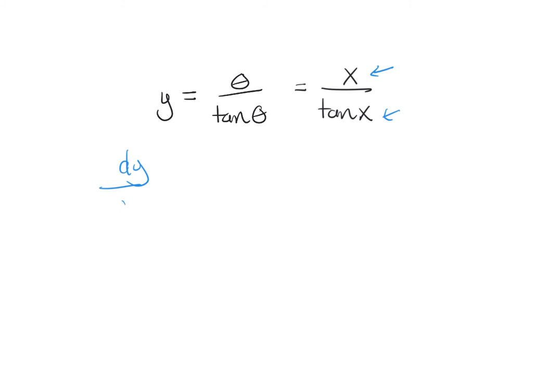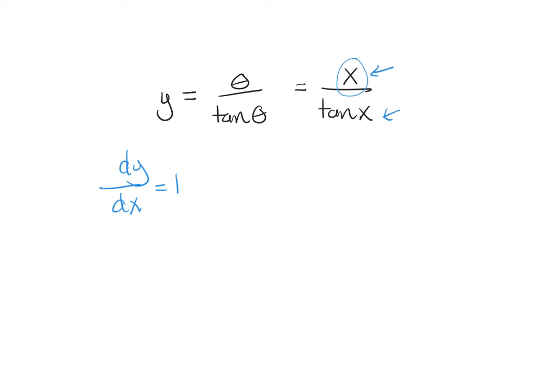All right, next one, y equals theta over tangent of theta. If it helps you, I know people freak out when they see theta, but it's just like x. So this is going to be the quotient rule. We've got the first and the second, so dy/d theta. The derivative of x is 1.